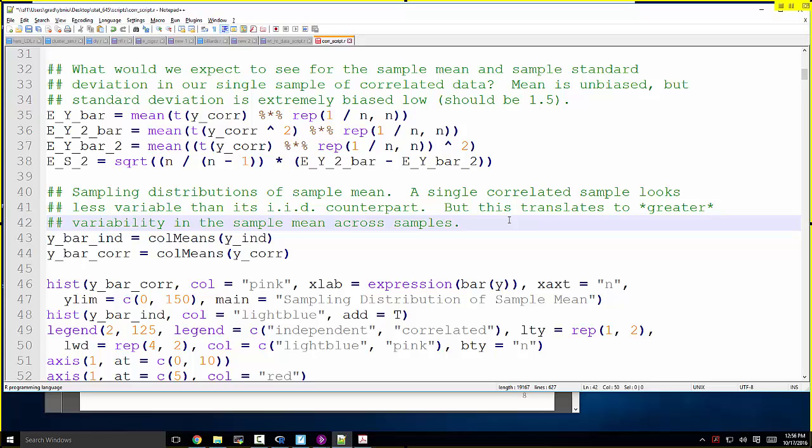Now look how this translates to sample means. If we wanted to do inference on the population mean, we would use a sample mean as the estimate. So let's take all of our 500 simulated data sets and compute y bar for each one. I'm going to have 500 y bars under the independent case and 500 y bars under the correlated data case.